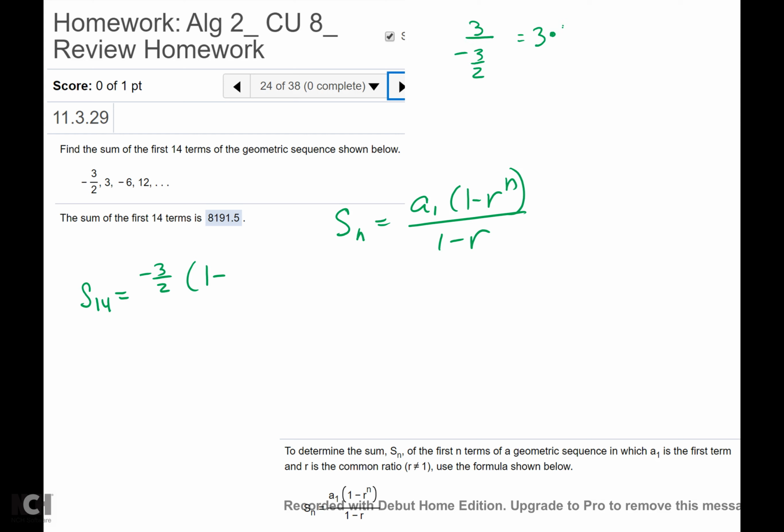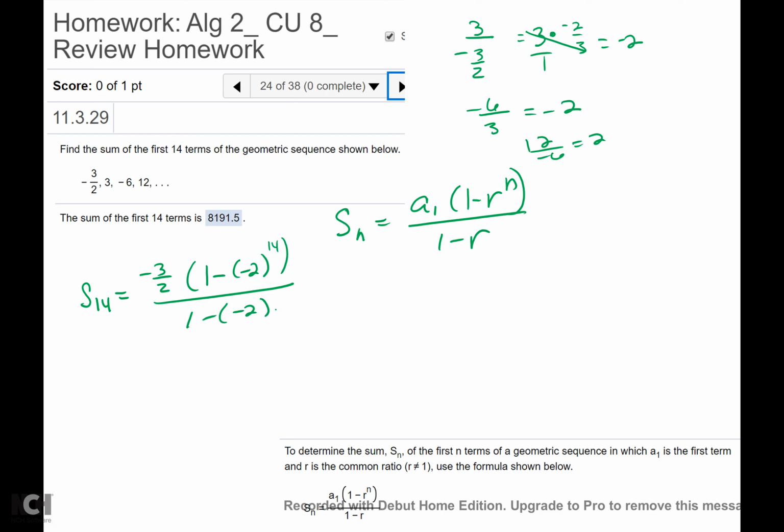Keep, change, flip. The 3's cancel, I get negative 2. Negative 6 divided by positive 3 is negative 2. 12 divided by negative 6 is negative 2. My common ratio is negative 2 to the 14th, all over 1 minus the negative 2. Alright, so first of all, I'm going to pull my calculator up on this one too.